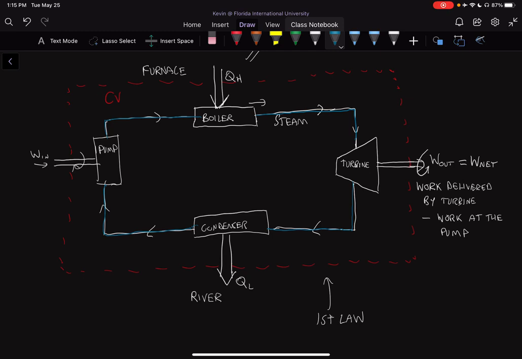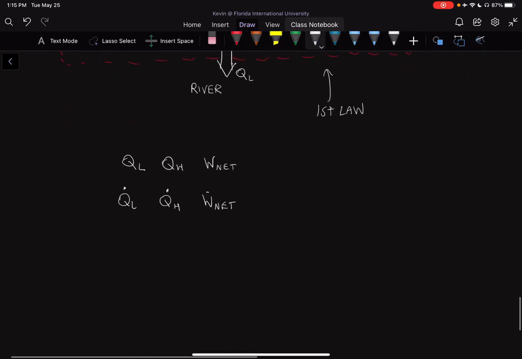So we can say that if we apply the first law, Q in minus work out, so first law for closed system, we can say that on the water or on the steam, Q in minus work out is equal to the change in internal energy.